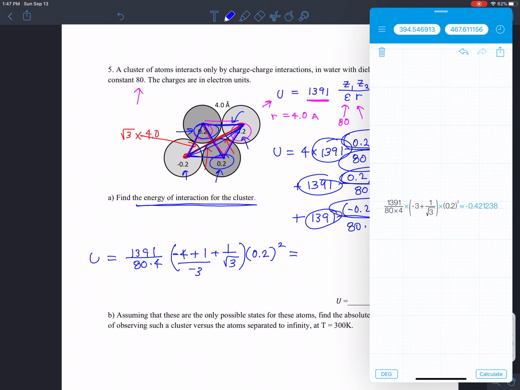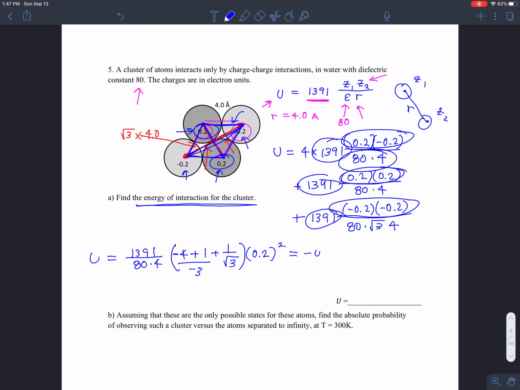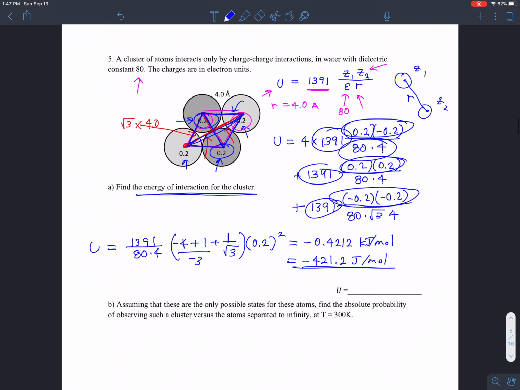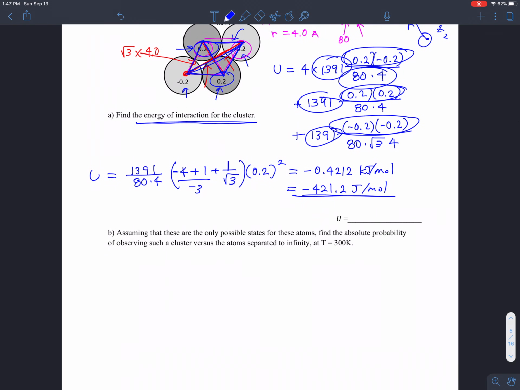So 0.4212, minus 0.4212. And that's in kilojoules per mole, so that's equal to minus 421.2 joules per mole, which I think is probably closer to the units that we're going to want. Then it says, assuming that, so that's the answer to the first part.